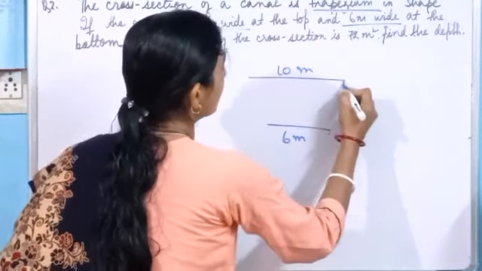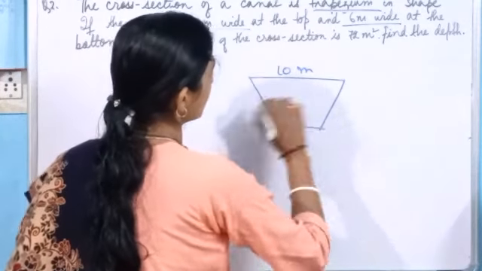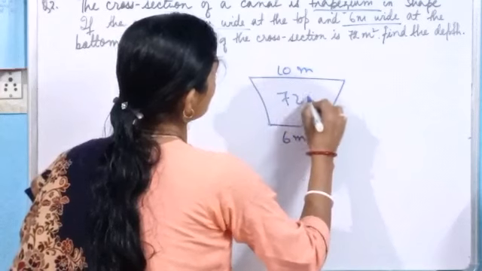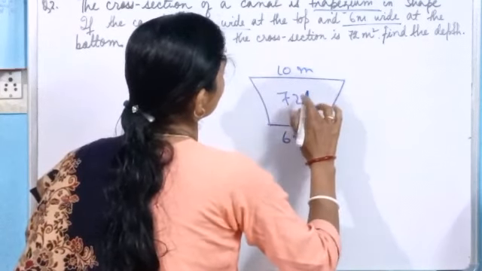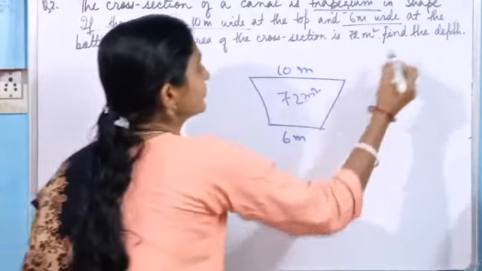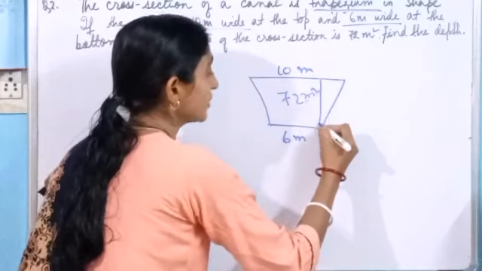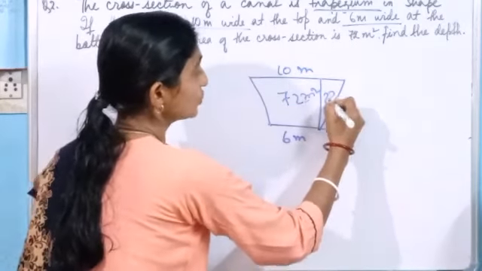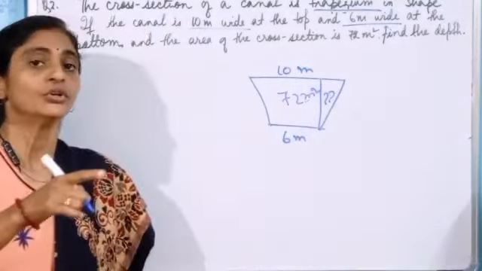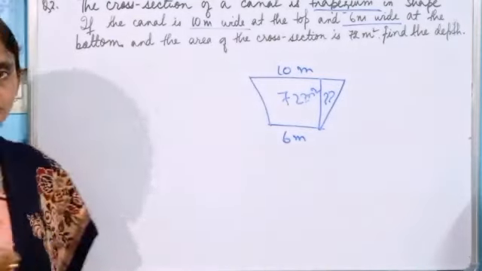Now it has been given that the area is 72 meter square. What is not given is the depth, which you have been asked. Depth means the distance between the upper part and the lower part. We don't know how much it will be, but we know the formula for finding the area of a trapezium. Let's see what will happen.